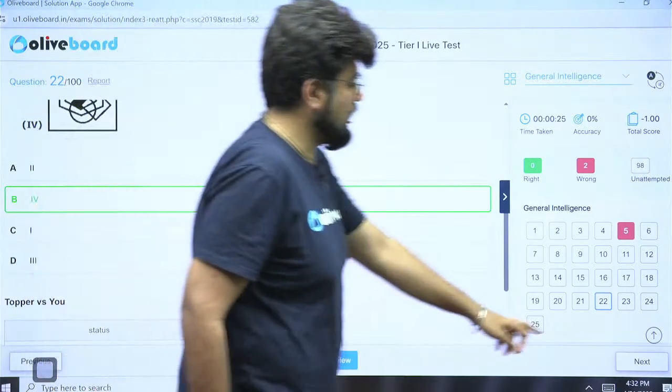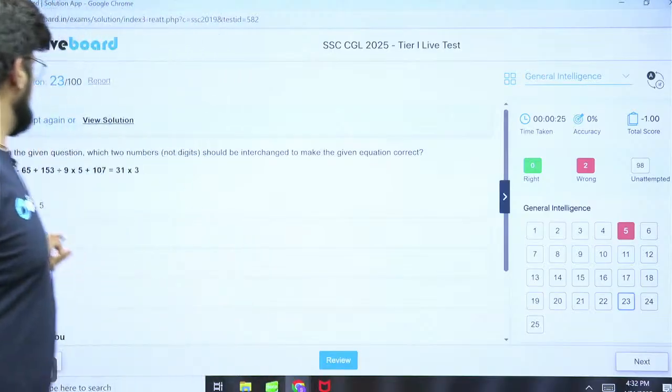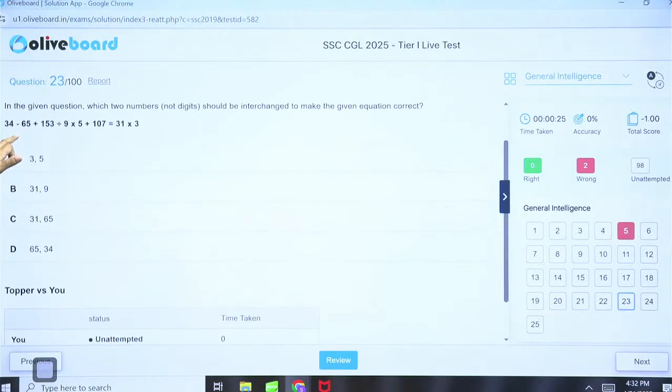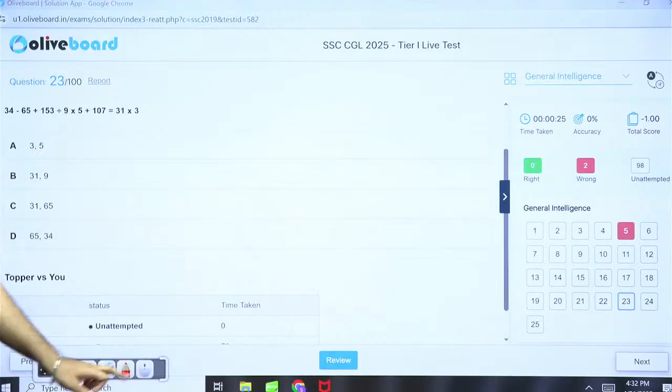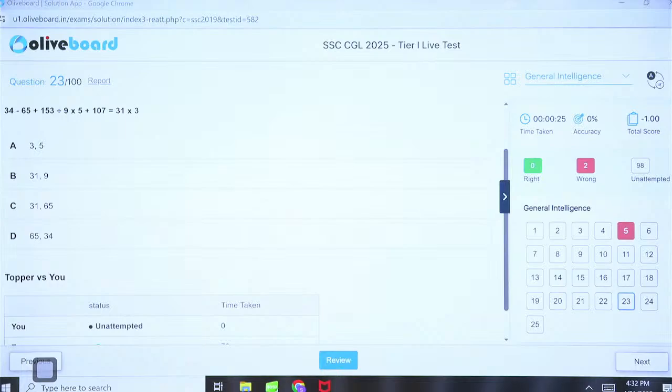Question number 23. Which two numbers, not digits, should be interchanged to make the given equation correct? Firstly, check what is incorrect. So quickly check what is incorrect.